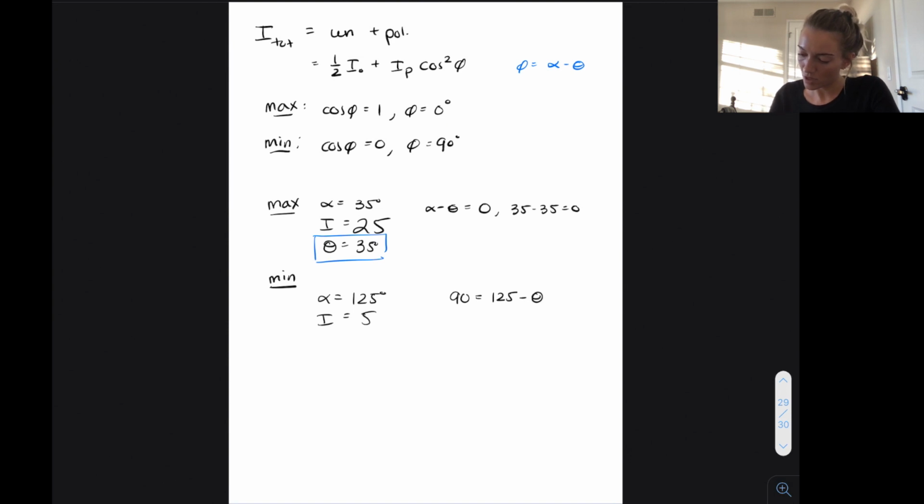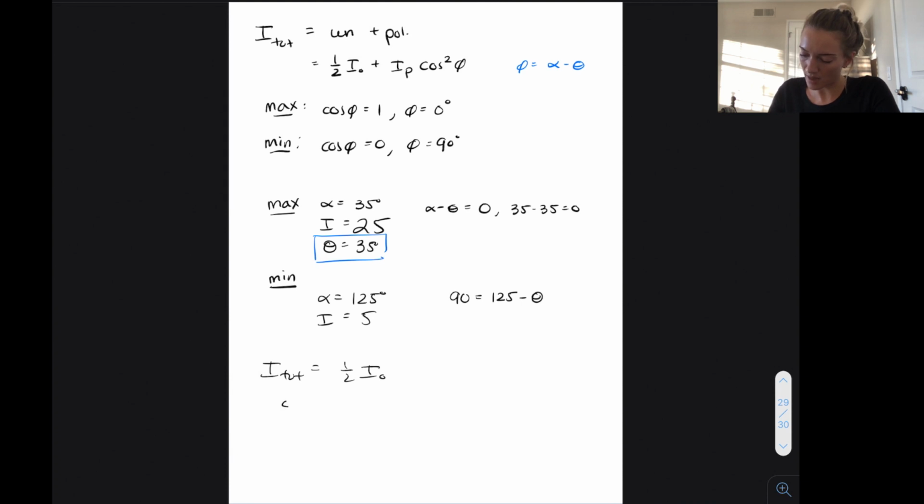So let's look at the minimum first. So when this cosine is at a minimum, right, when we have cosine of phi is equal to 0, this term will just be equal to 0, right, and none of it will get through. So that means that the total intensity that gets through is just 1/2 of I naught.